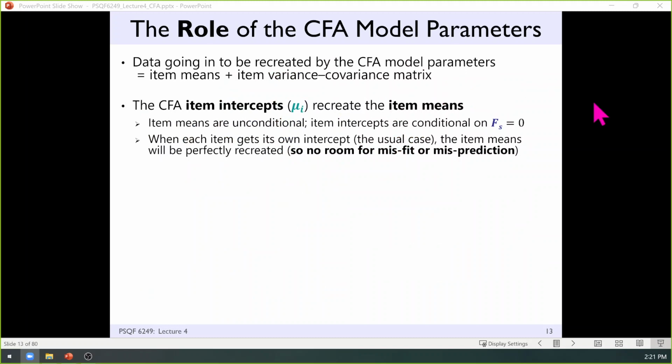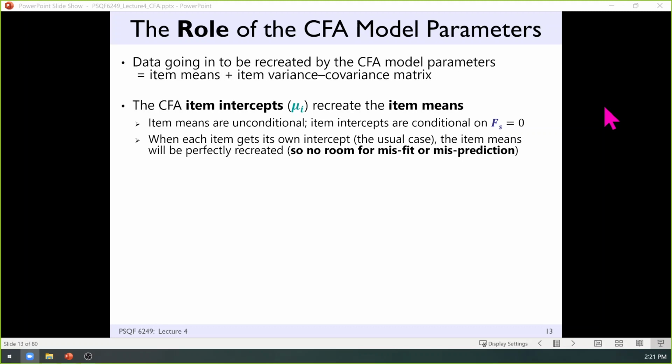So in terms of information that we have to work with to solve this puzzle as to what these item parameters should be, there's a one-to-one correspondence between each aspect of the model. So the observed data going in are the item response means, variances, and covariances. That is the case regardless of whether you're using full information estimation or limited.